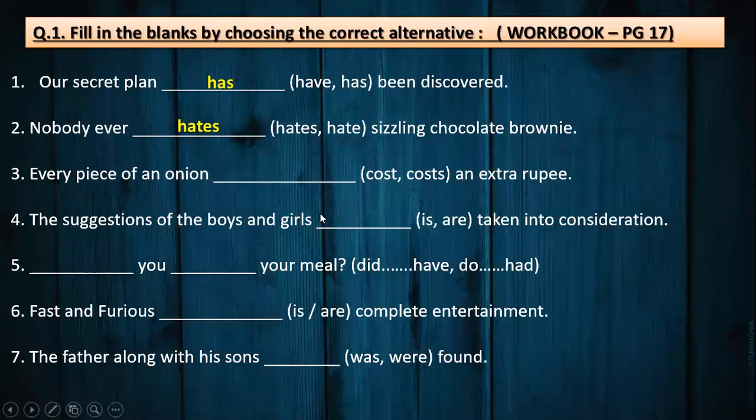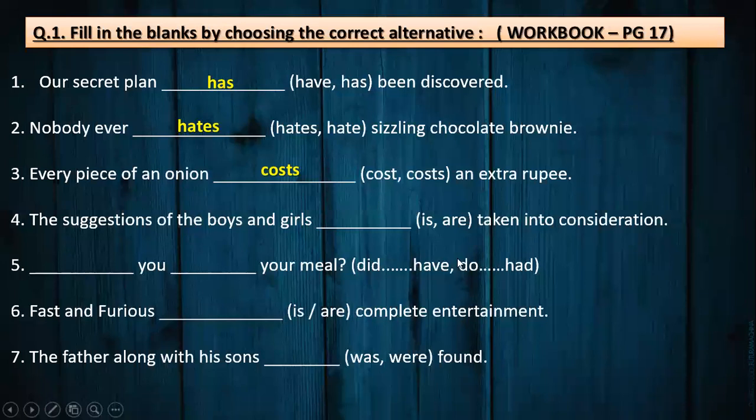Every piece of an onion dash an extra. See here, every piece, singular. Every piece costs. Nobody hates. Every piece costs. One has. Every piece has. Right? This is how it works.